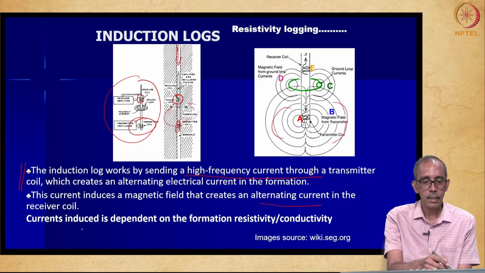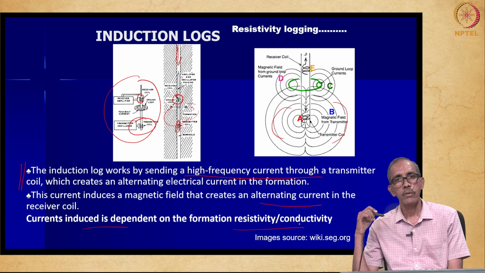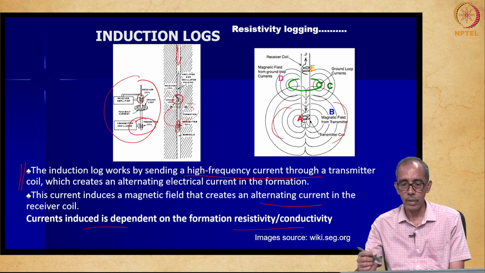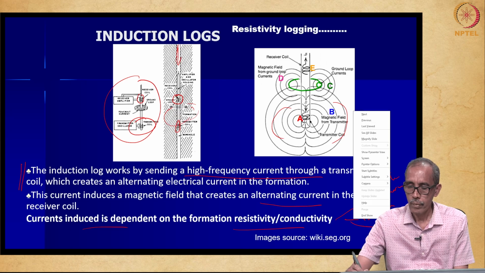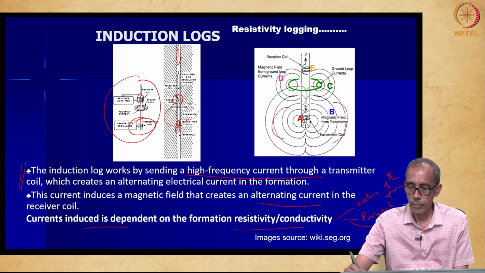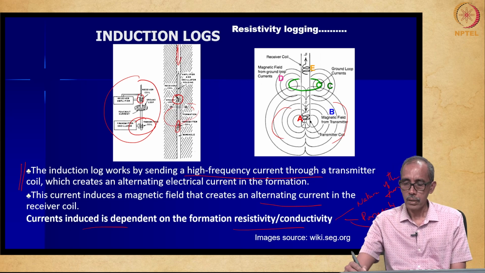coil. The current induced is dependent on the resistivity or the conductivity of the formation. Resistivity and conductivity of the formation depend on the nature of the formation, its porosity, and the fluid, the fluid which is occupying the porosity.